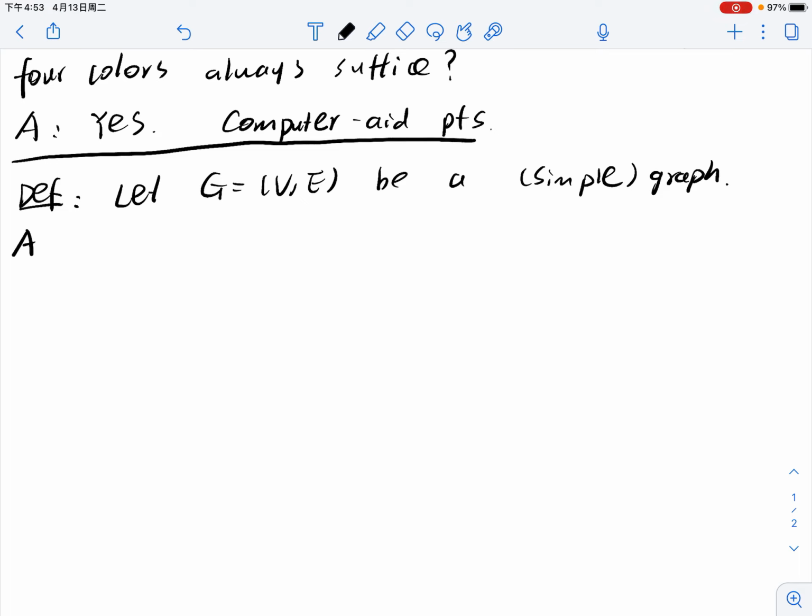Also, we don't consider general graphs with loops, because in that case, the vertex with a loop cannot be colored at all.